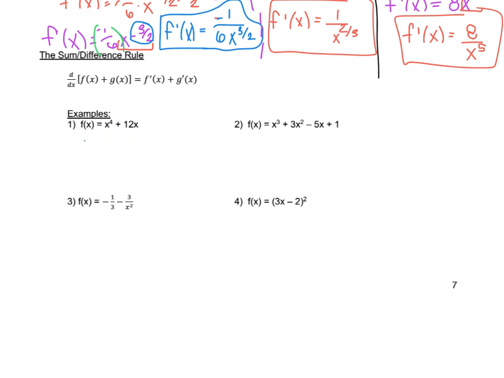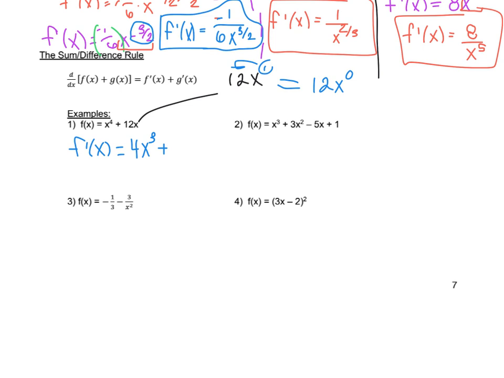So the derivative of this would be f prime of x equals the derivative of x to the 4th, which is 4x cubed, plus the derivative of 12x. Let's think about that because we haven't handled something where it's just 12x and I'm looking for the derivative of that. Remember, I take the current exponent, which is 1, bring it down to multiply by the 12, so that would be 12 times 1, x to the 1 minus 1, which is 0.